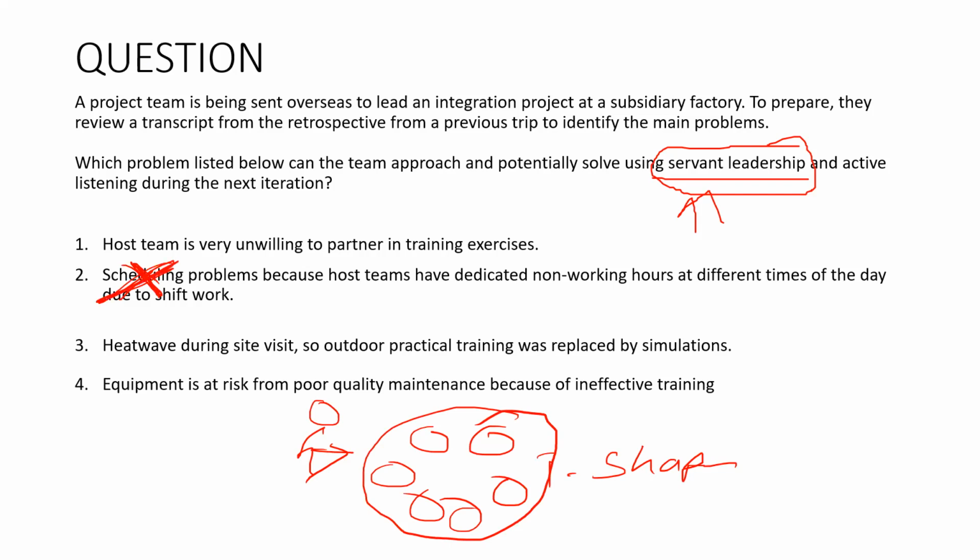Heat wave during the visit, so outdoor practical training was replaced by simulation. This could be the right answer. Equipment at risk from poor quality maintenance because of ineffective training. This is not servant leadership. Now look at A: host team is very unwilling to partner in training exercises. This is a blocker, right? The work is blocking your way. You cannot proceed further.